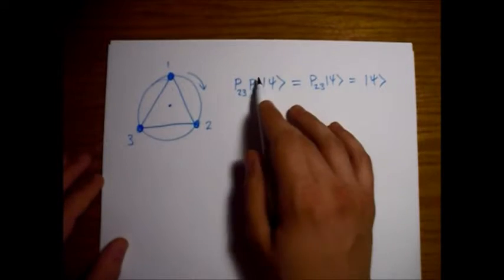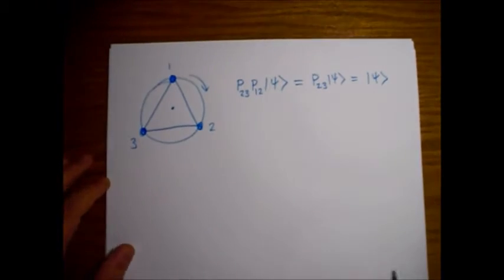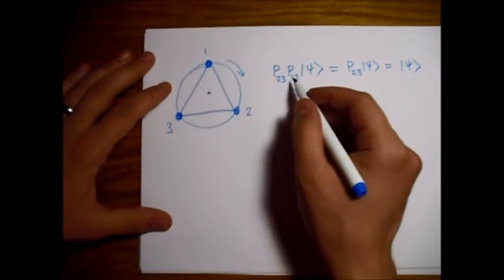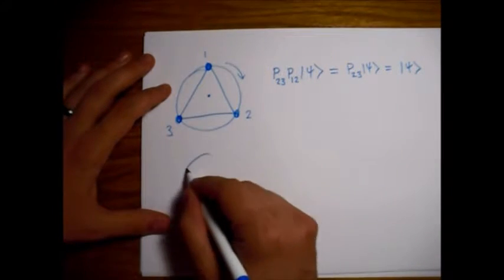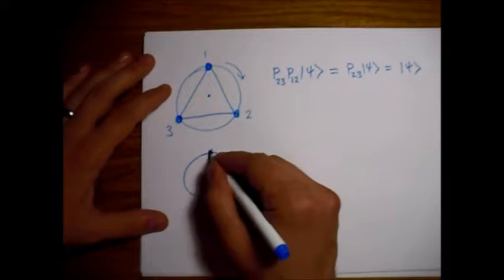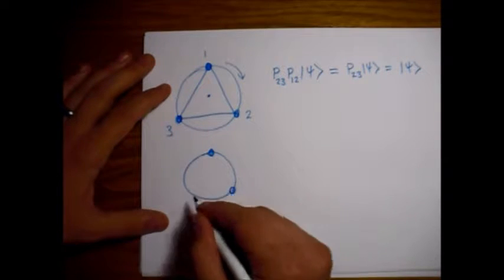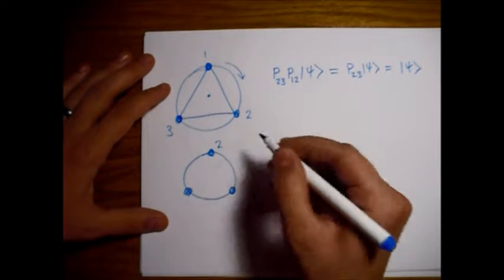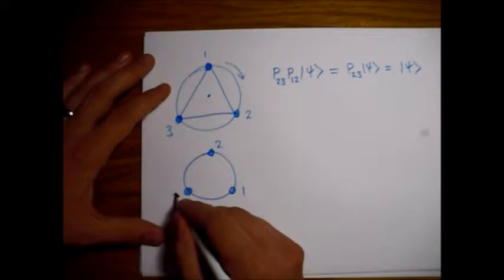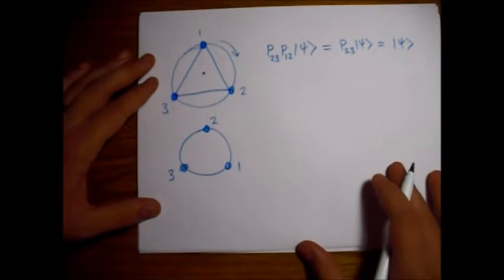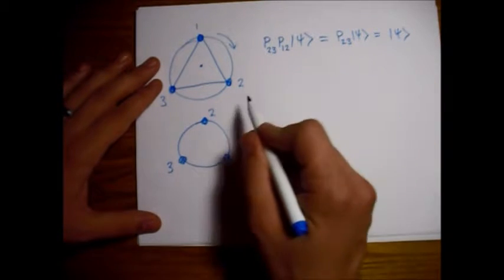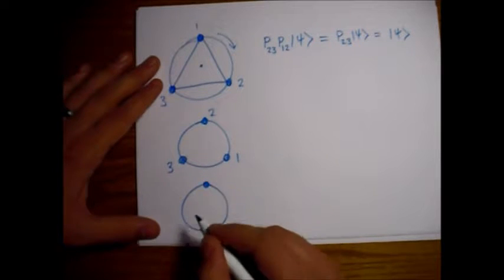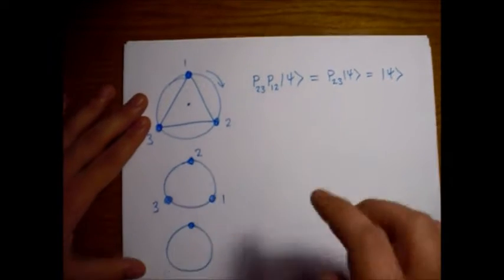The reason we're using 2 of these, let's just draw it out real quick. After we permute 1 and 2, 1 and 2 are switched, so now 2 is here and 1 is here, and 3 is still here. Then the second permutation is permuting 2 and 3.